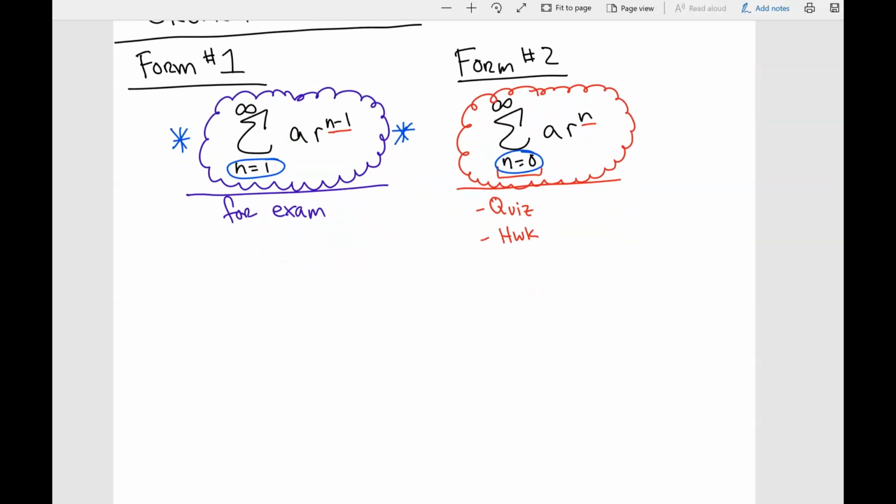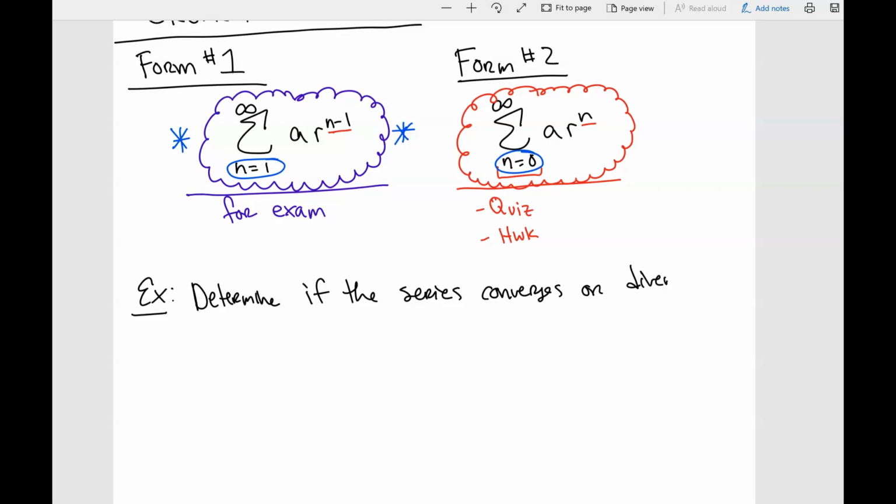So the thing about form number 2, let's just do a quick video. We want to determine if the series converges or diverges. So let's say we want to know that, and if it converges, find the sum.